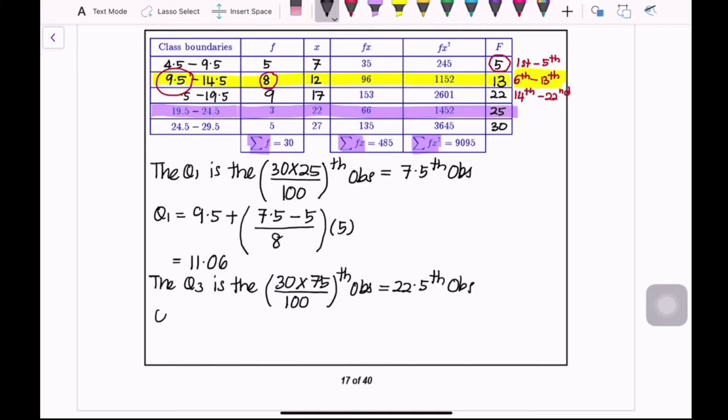So the formula for Q3 is equal to Lk, the lower boundary for the class Q3, which is 19.5, plus n times k over 100, which is equal to 22.5, minus the cumulative frequency before class Q3, which is 22, over the frequency for the class Q3, which is equal to 3, times C, which is equal to 5. So Q3 is equal to 20.33.